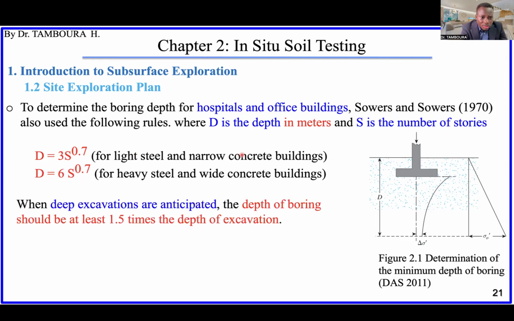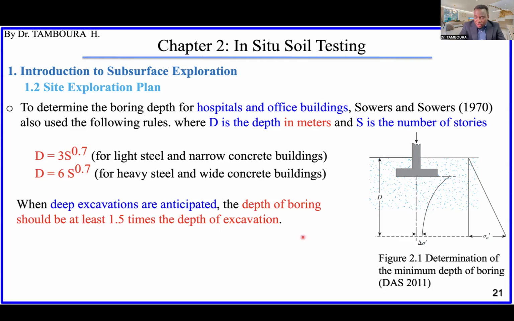Okay. So when depths for excavation are anticipated, the depth of the boring should be at least 1.5 times the depth of excavation. Do you understand the meaning?